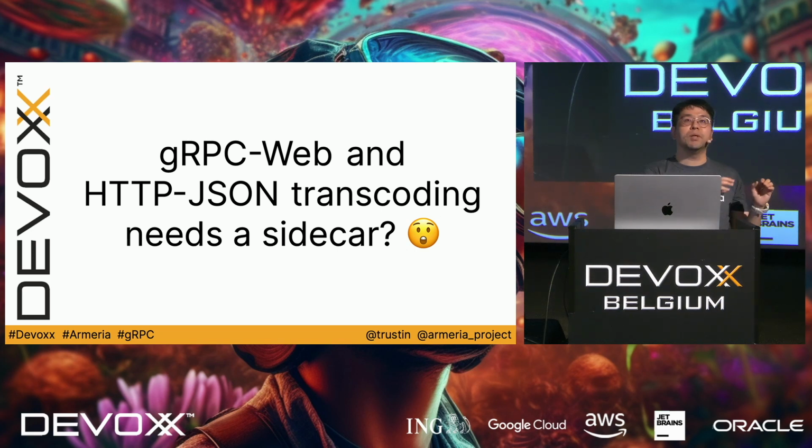It's a limitation of the browser, so you cannot send a gRPC request. So there's a special specification called gRPC Web. Your gRPC server must support gRPC Web, otherwise your web browser application cannot send a gRPC request to your gRPC server.